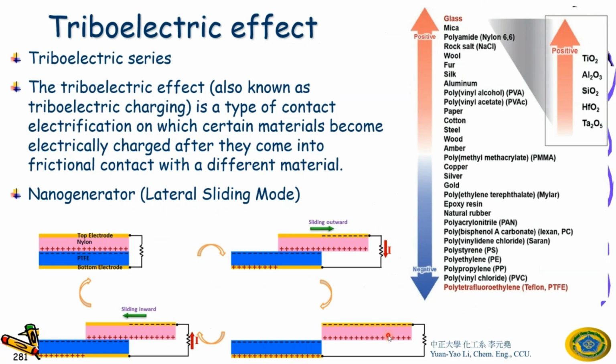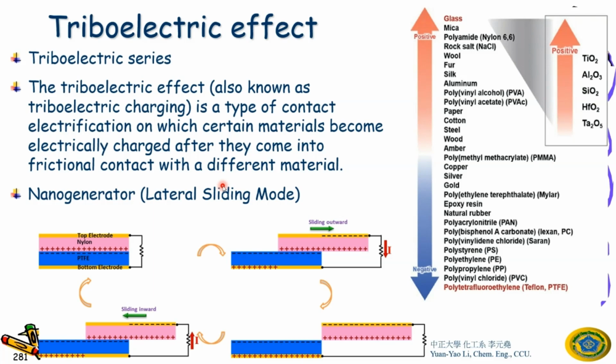Before I show you, nowadays this is called a nanogenerator. A nanogenerator uses the triboelectric effect. The triboelectric effect is that if you use different materials and produce triboelectricity, you will have negative charge and positive charge.